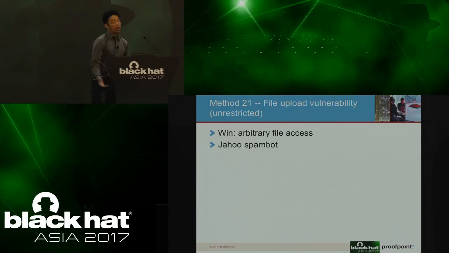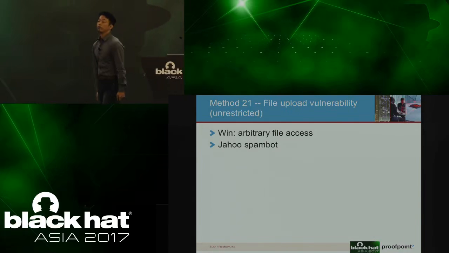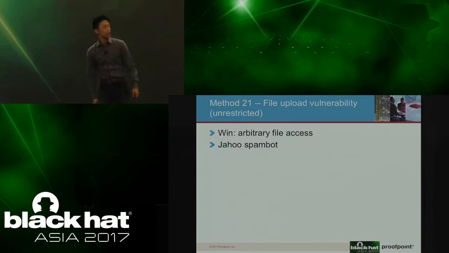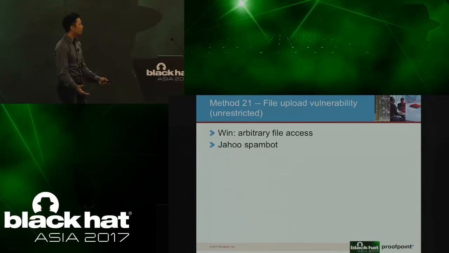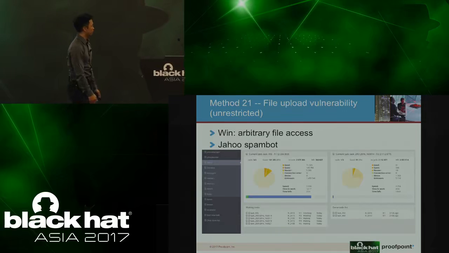Now let's talk about file upload vulnerabilities. There are 3 types of file upload vulnerabilities that you can usually look for in these actors' infrastructure. We were successful with, for example, the Yahoo spam bot. They had an unrestricted file upload vulnerability.